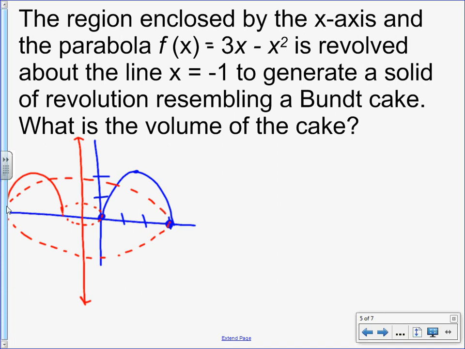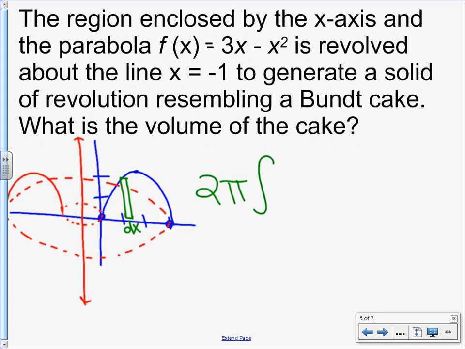Okay, so we're going to put in vertical rectangles with thickness dx, which means we are creating shells. So 2 pi r h times the thickness.